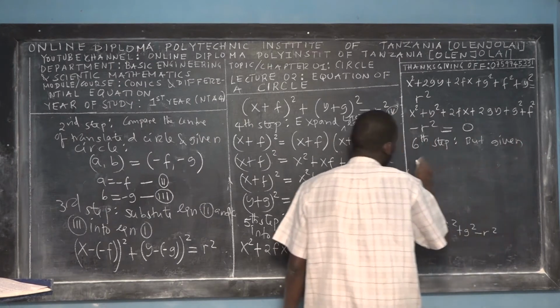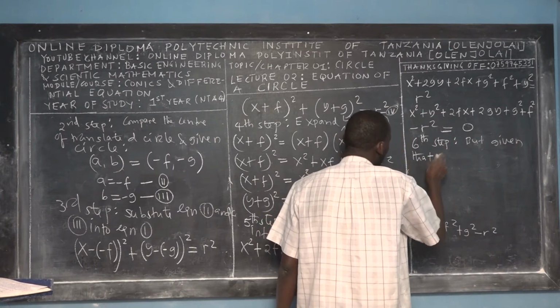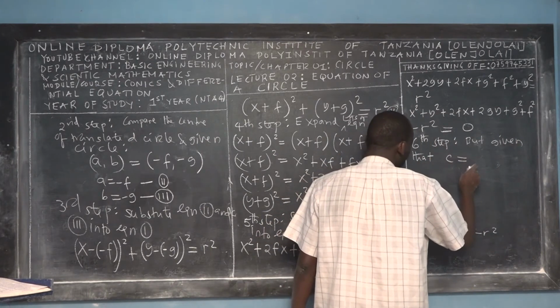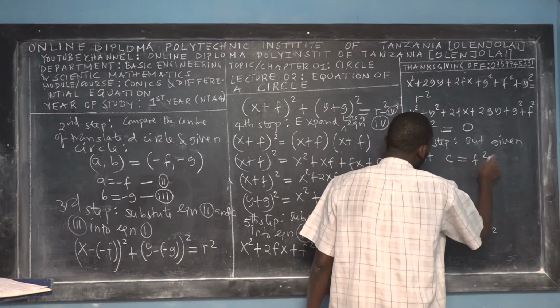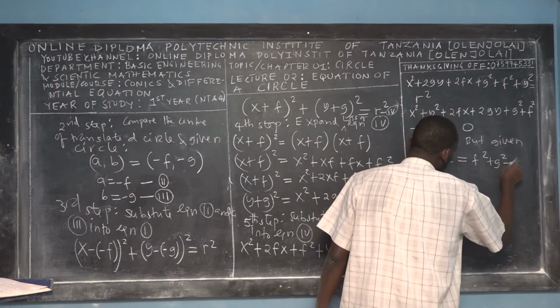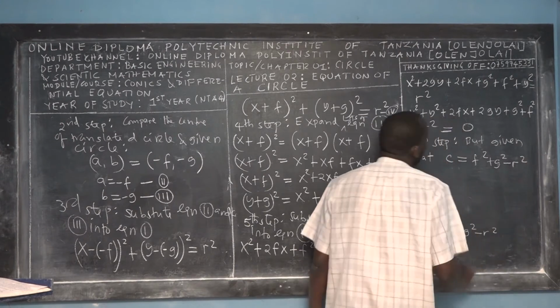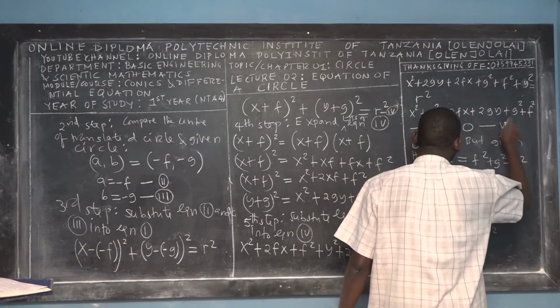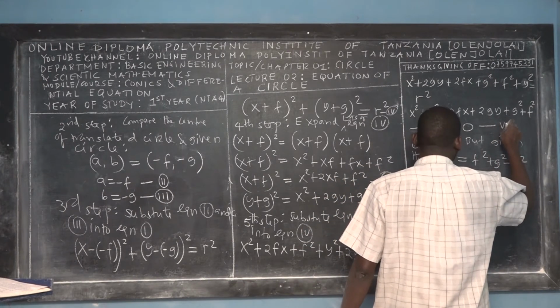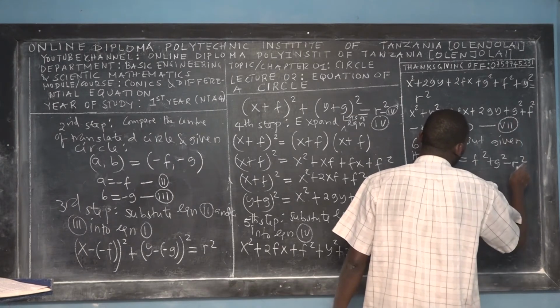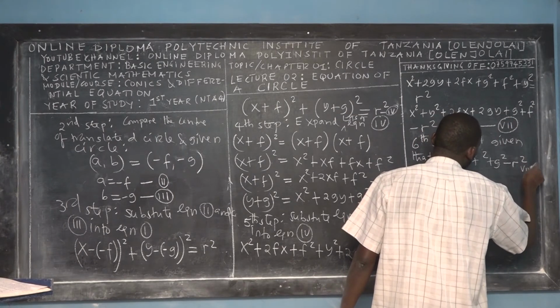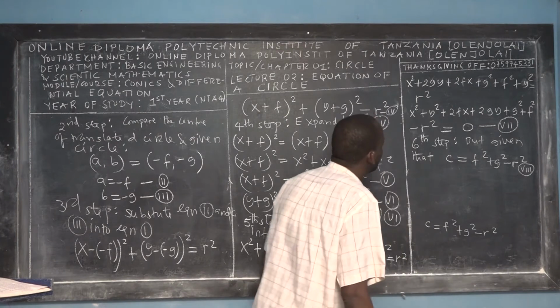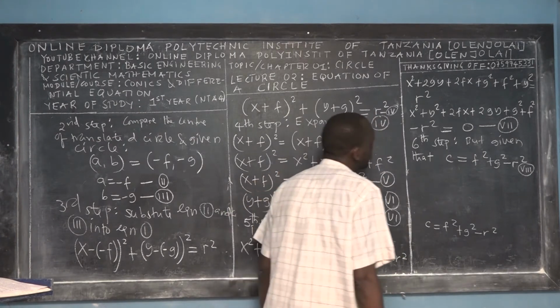Right? And then the sixth step and the last step, given that c is equal to f squared plus g squared minus r squared. Suppose that this is equation 7, and suppose that this is equation 8. Okay?